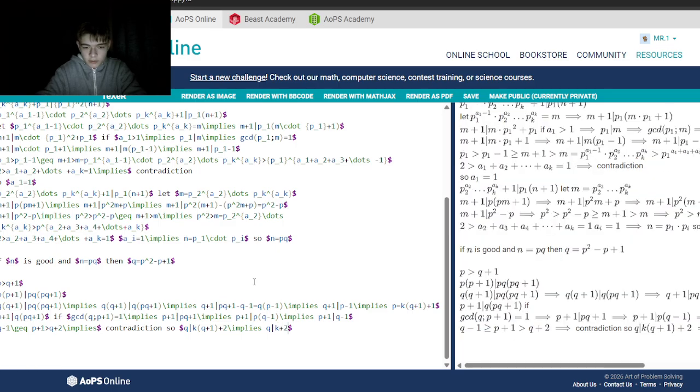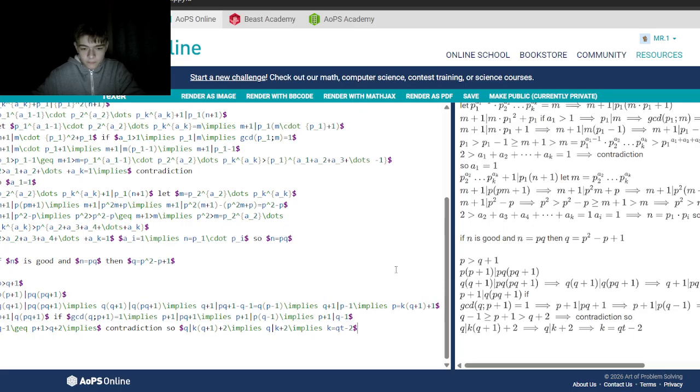Okay, so let k be equal to, I don't know, qt minus 2, I guess. So we know that k is equal to qt minus 2.